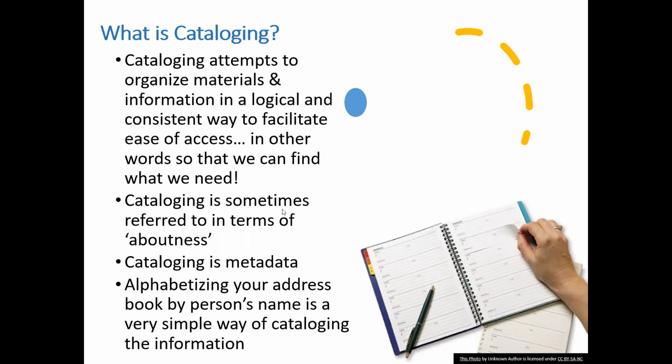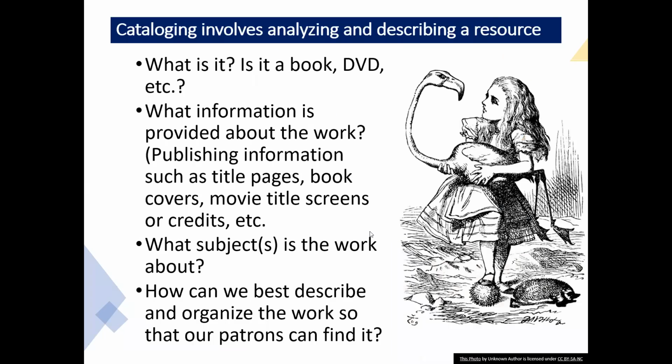I've been working on my planner and putting all the months in and organizing it all, that is a form of cataloging. It's a very simple form of cataloging, and it's not exactly the same as what we do in libraries, but that act of organizing and arranging something in a particular group by our own definition, of course, when we're doing our address book, is a type of cataloging.